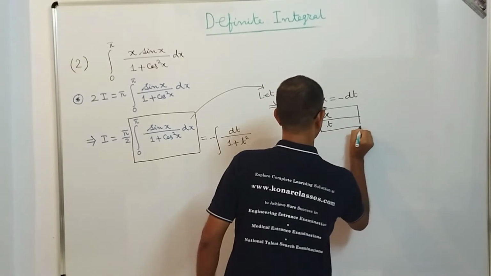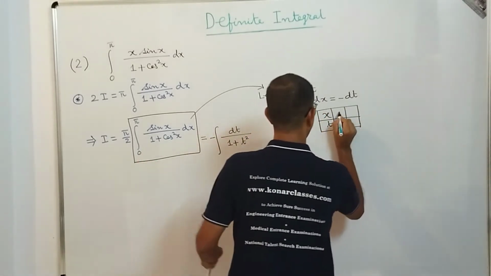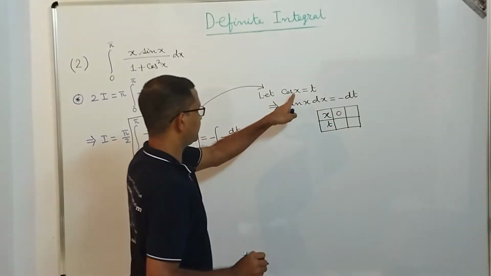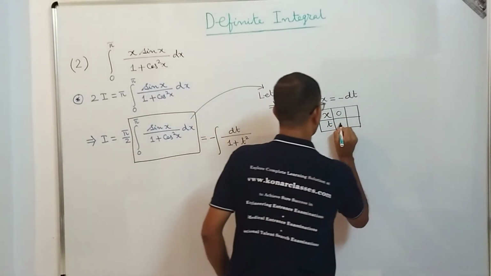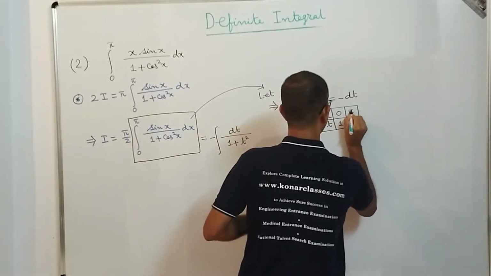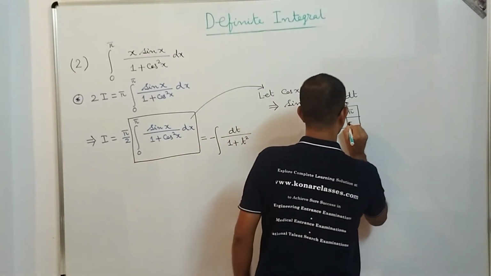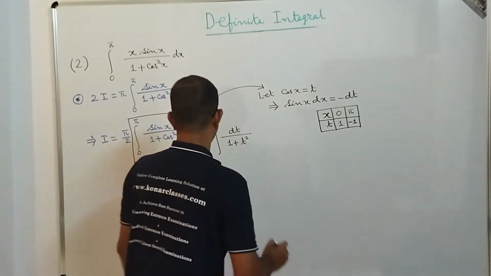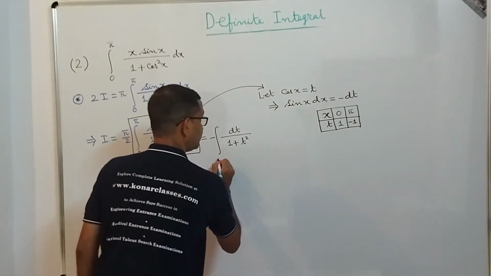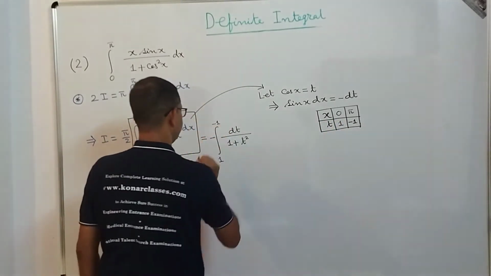When x equal to 0, t is equal to cos 0, which is 1. When x is equal to pi, what is the value of cos pi? Cos pi is equal to minus 1. So the limit will change from 0 to pi, that means 1 to minus 1.